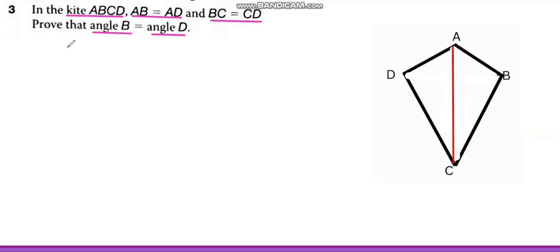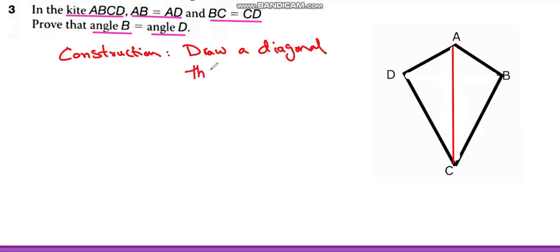So in this quadrilateral, we did some construction: we drew a diagonal that joins AC. And after making a diagonal over here, it splits the shape into two triangles. So now we will compare these two triangles, ADC and triangle ABC.